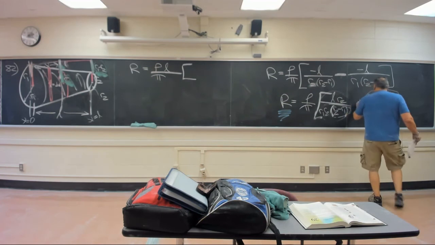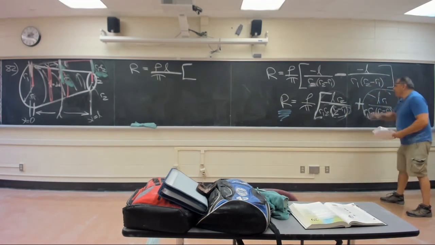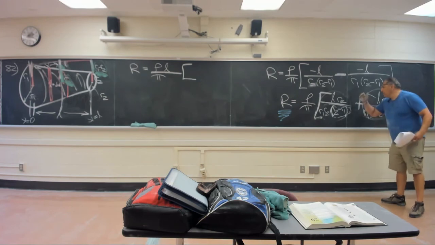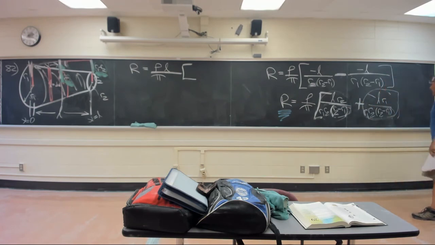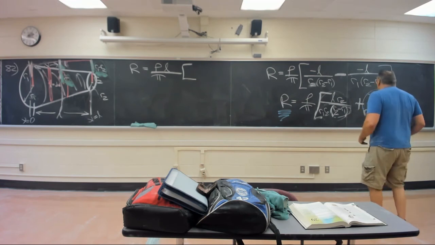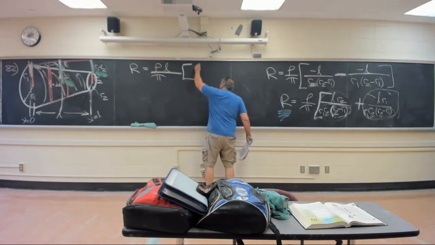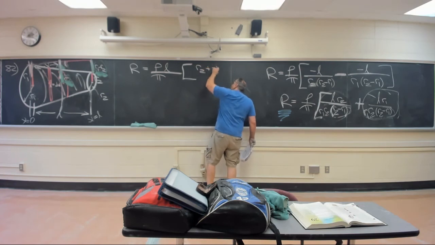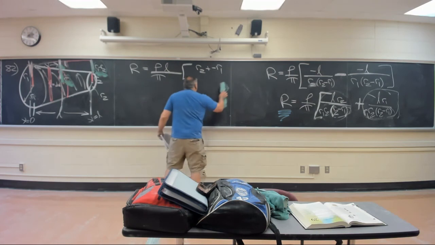I wrote it plus a negative. Plus a negative is the same as just minus a positive. Pull the L out of there. You got R2 plus a negative R1.